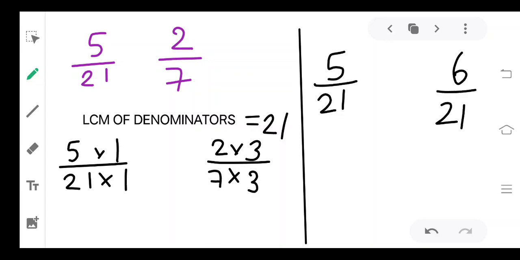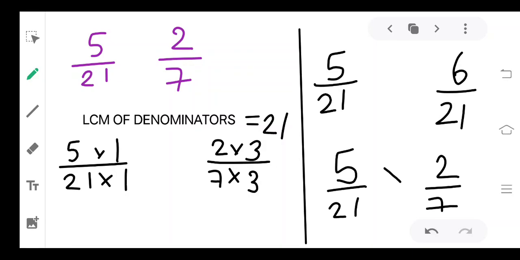Now we have to compare 5 and 6. You know that 5 is less than 6, and here we have to find the smaller number. So between 5 upon 21 and 2 upon 7, 5 upon 21 is smaller than 2 upon 7.